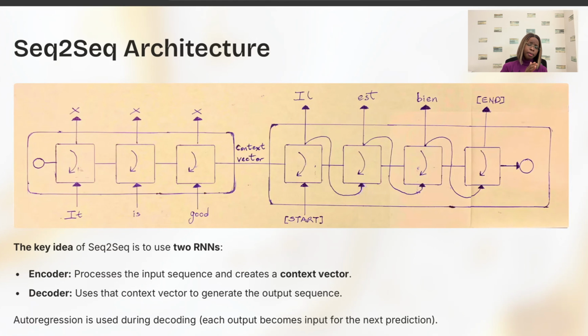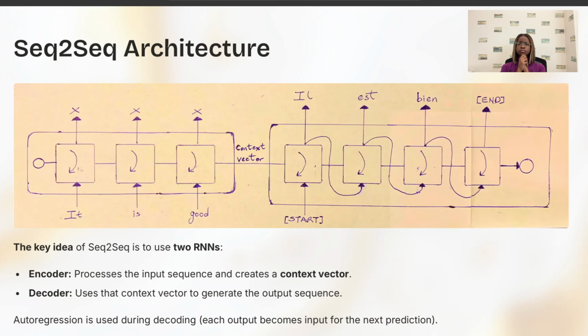So the first box to your left is the encoder. It starts with the circle there, which means the initial state, which is empty, all zeros, because there's nothing there, right? It's initial.